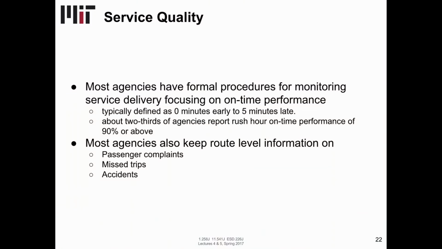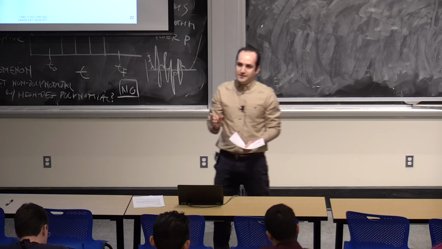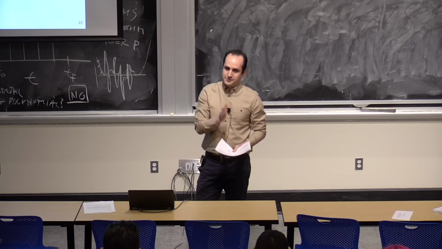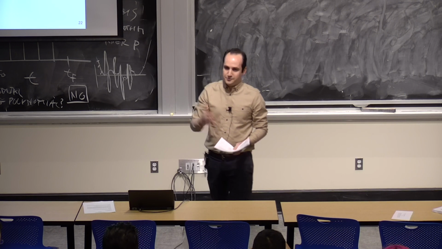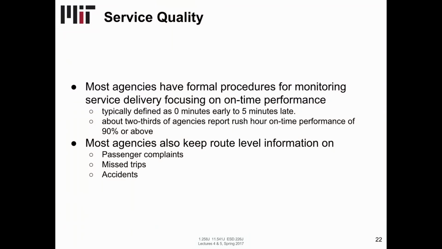So about 2/3 of agencies define different acceptable thresholds for the percentage of arrivals within this tolerance interval from 0 to 5 minutes late. The usual practice is that about 2/3 of agencies report rush hour on-time performance of 90% and above.